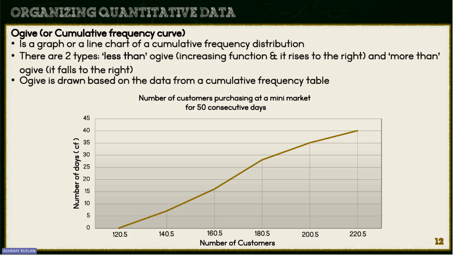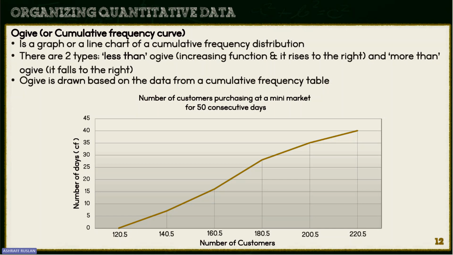Untuk menghasilkan ogive ni, we have two types. Less than ogive, increasing function, and it rise to the right, and more than ogive, it falls to the right. Graph ogive ni dihasilkan berdasarkan cumulative frequency yang kita dapat tadi.